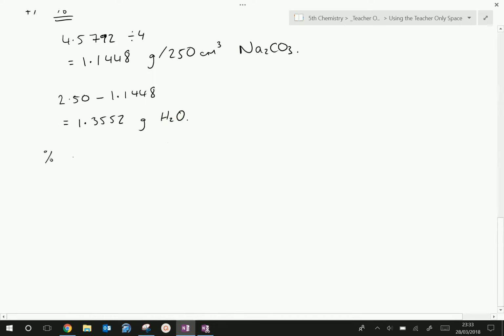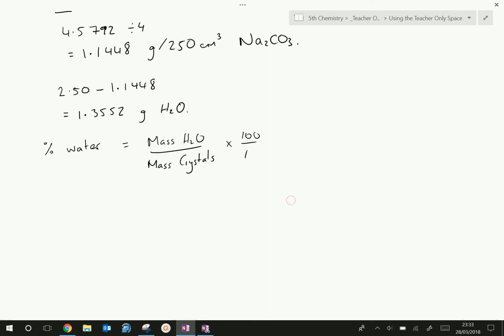So my percentage of water is found by my mass of water over mass of the crystals times 100 over 1. So the mass of water was 1.3552 over the mass of my crystals, which was 2.50.